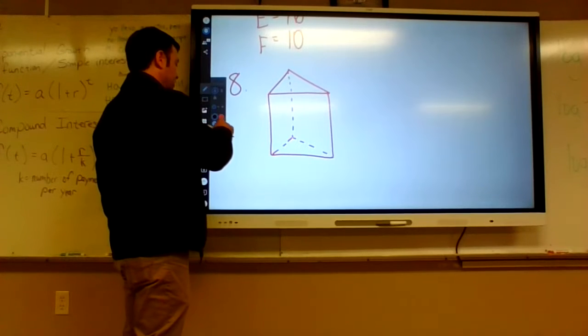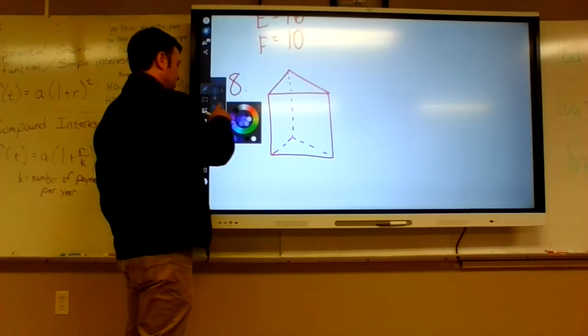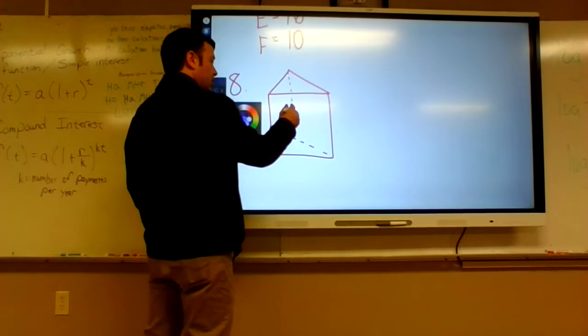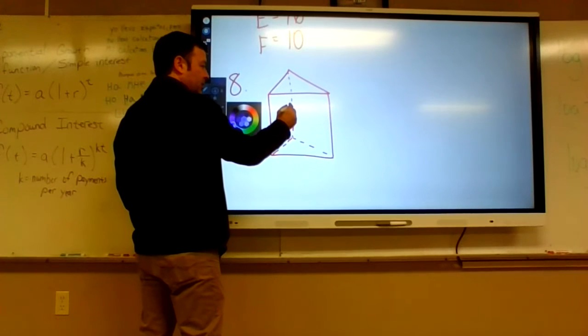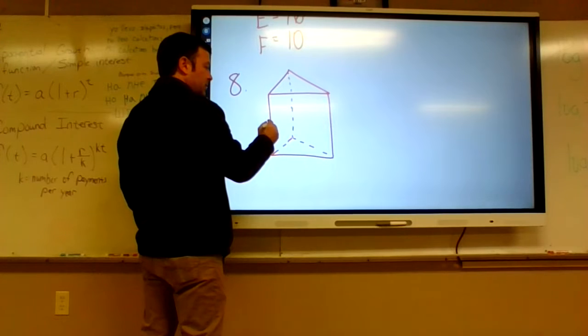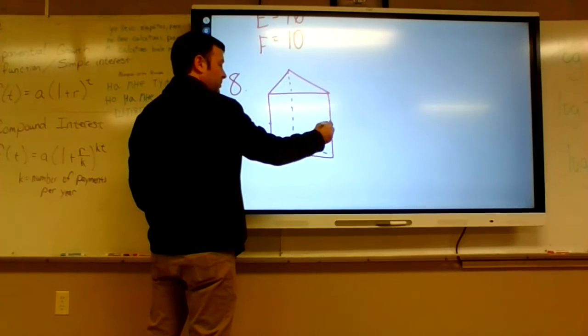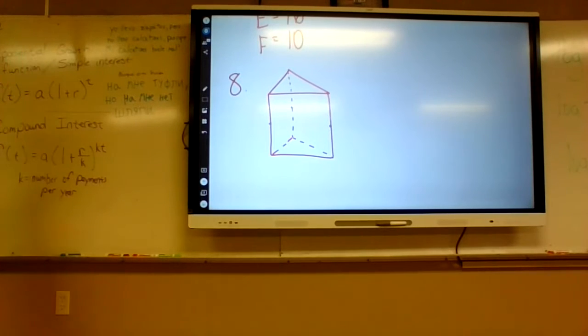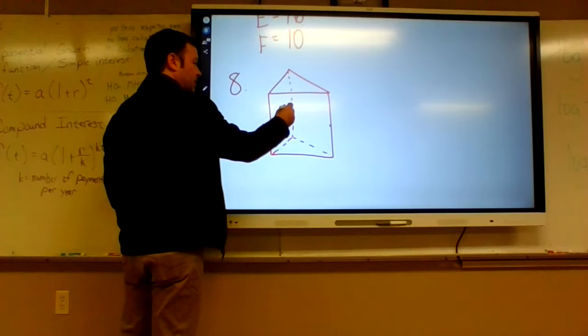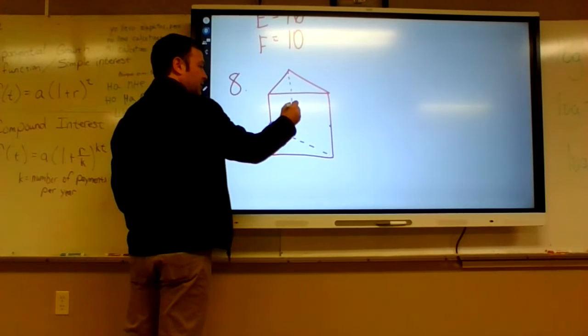I'm going to change colors to make it look better. So if I chop like that, it'll be a triangle. I'm going to put some dots here to outline what the triangle will look like. It basically looks like the top and the bottom of the shape. Then I'm going to connect those dots like this.